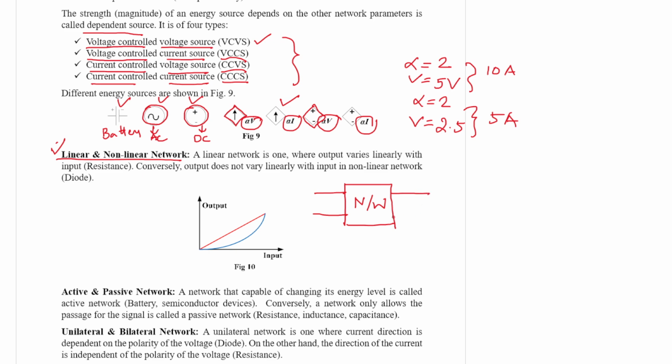The answer is, suppose I vary my input, let us say I am doubling my input. If I double my input, then my output will also be doubled. So it will follow a linear characteristic like this.